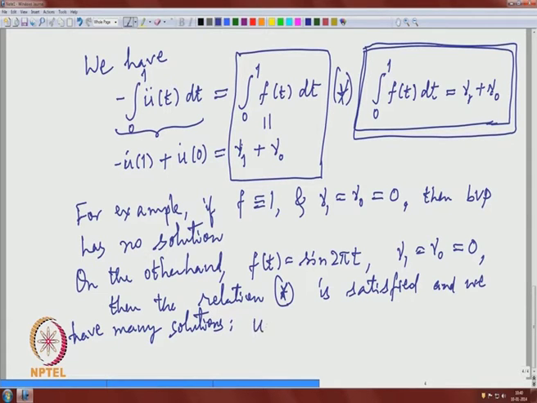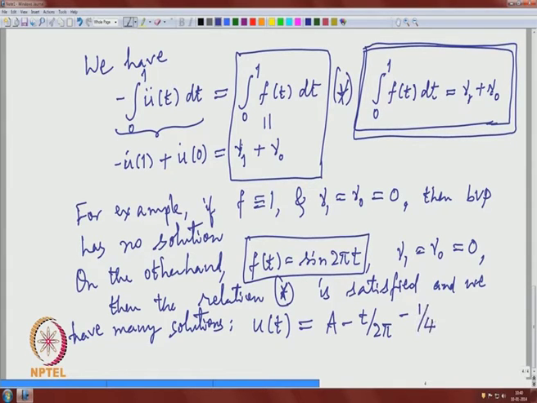Write the solution again. You can just take this f(t) equal to sin 2 pi t and solve the differential equation, and you see that you have this minus 1 by 4 pi square sin 2 pi t.